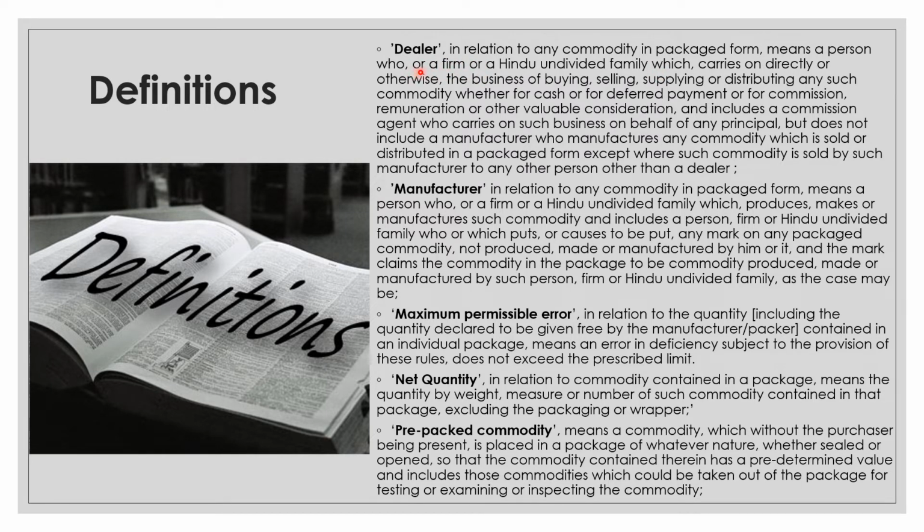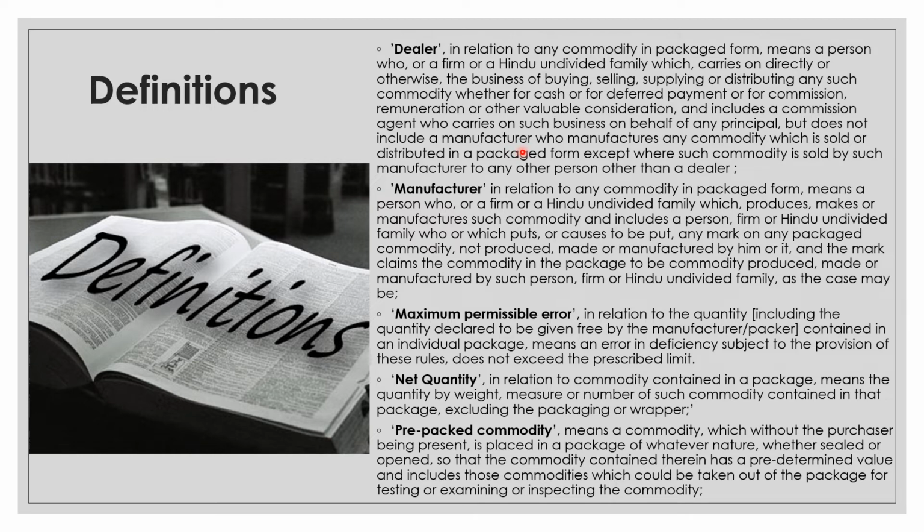It may be an individual, a business firm, or a Hindu undivided family, which carries on directly or otherwise the business of buying, selling, supplying, or distributing any such commodity, whether for cash or for deferred payment or any kind of consideration, and includes a commission agent. So a commission agent is also called a dealer who carries on such business on behalf of his principal, and does not include a manufacturer.